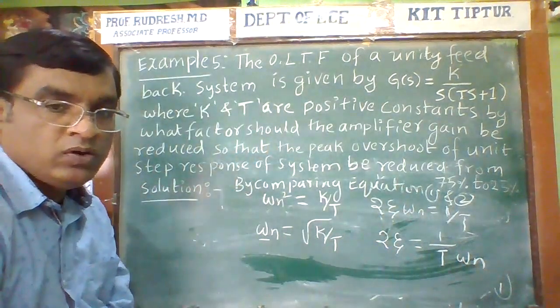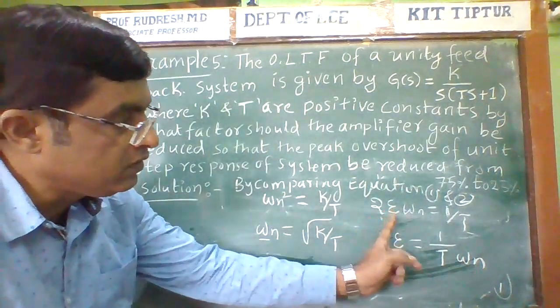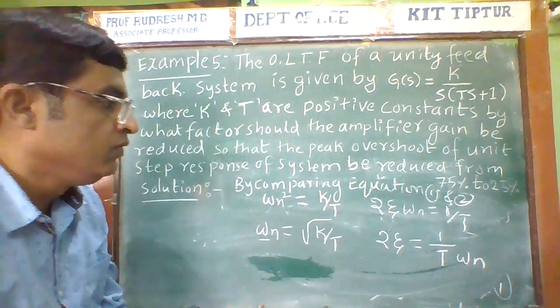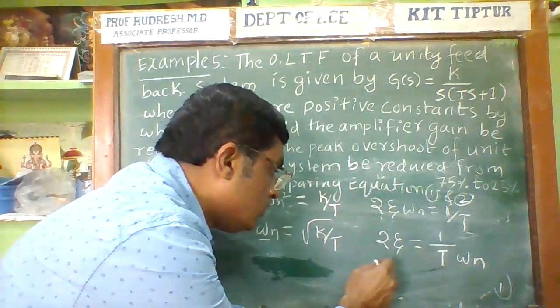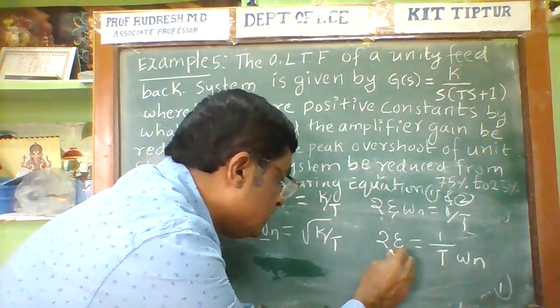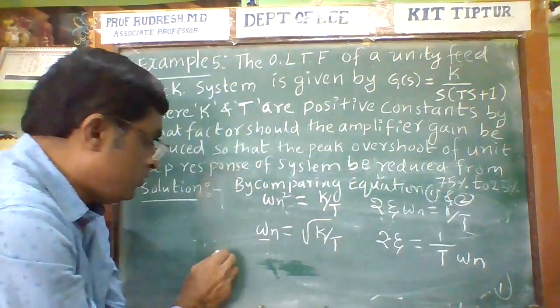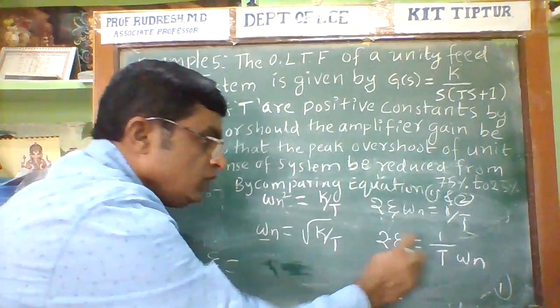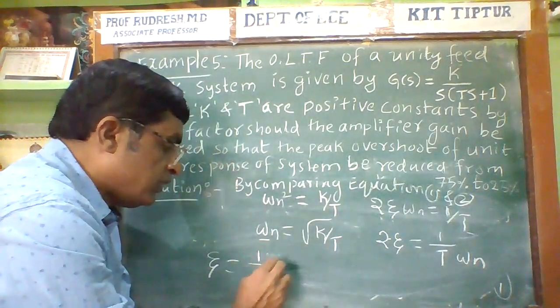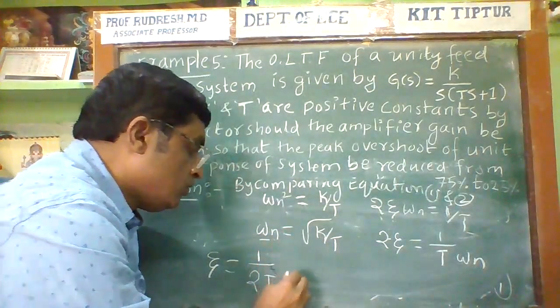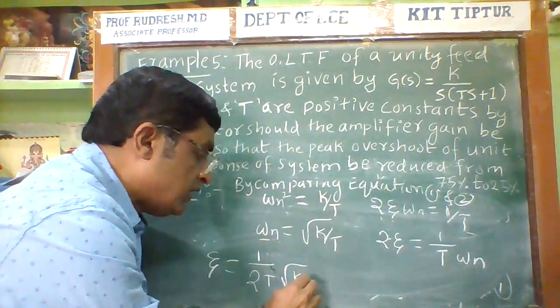If I take this term to the right hand side, with omega n equal to square root of K by T, therefore zeta is equal to 1 by 2 into T into square root of K by T.